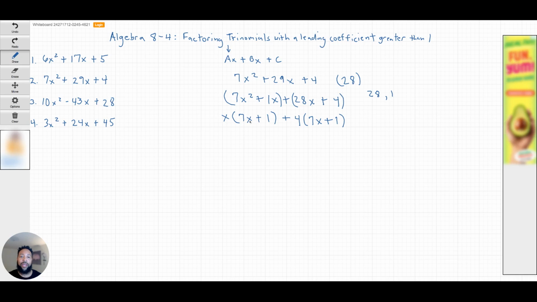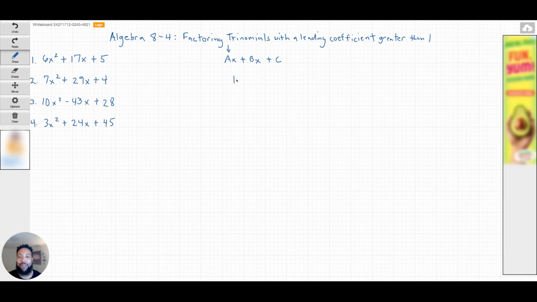And here we go again. We see the commonality of 7x plus 1, which is one factor. And what do we have left? x plus 4. All right, is this starting to make sense? Hopefully this is starting to make sense. These are factors. This is when you factor out a trinomial. So now let's look at the next problem.